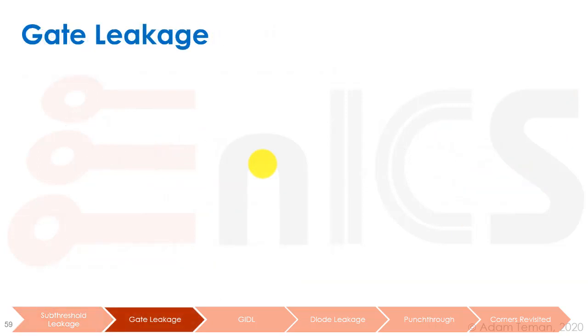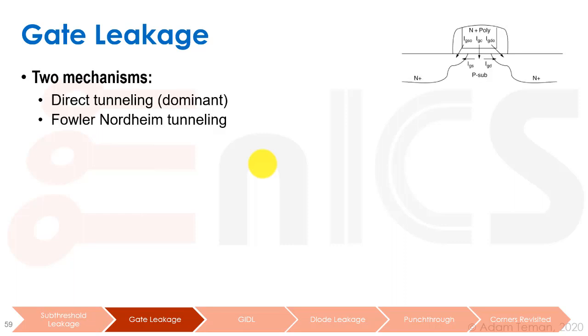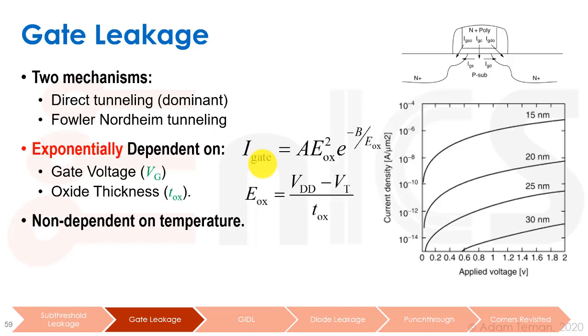Okay, back to our leakages, and we finished discussing subthreshold leakage for now. Let's discuss gate leakage. There are two main mechanisms that cause gate leakage. One is called direct tunneling, and this is the dominant leakage. And there's also Fowler-Nordheim tunneling, which is very popular in, like, the operation of flash devices. Of course, the gate leakage is exponentially dependent on the gate voltage, VG, and the oxide thickness.